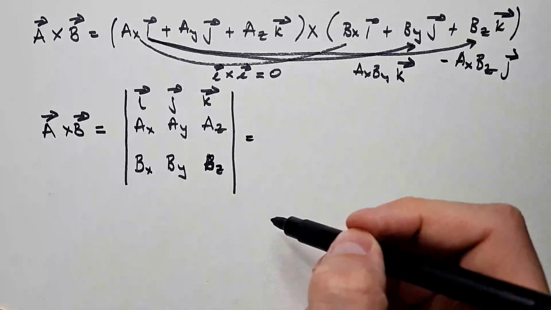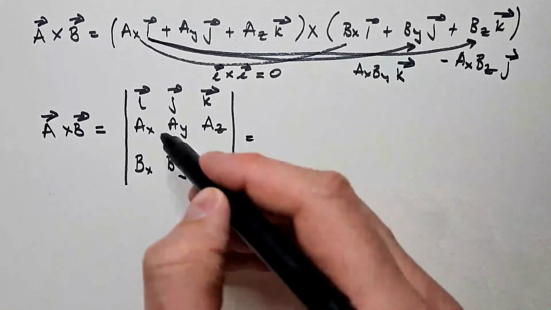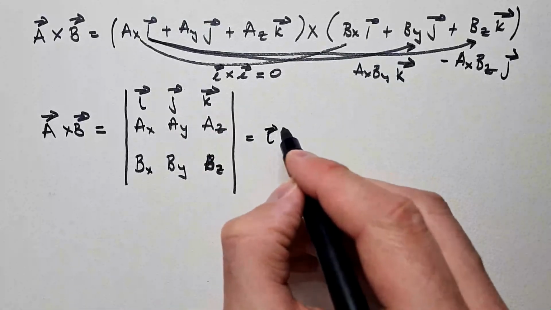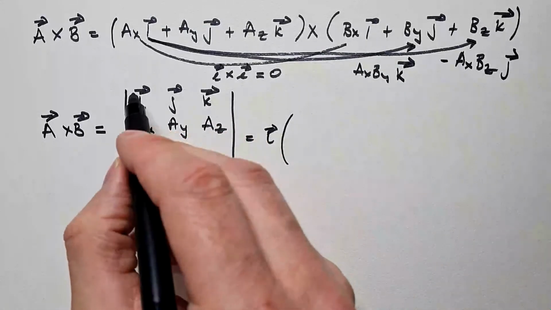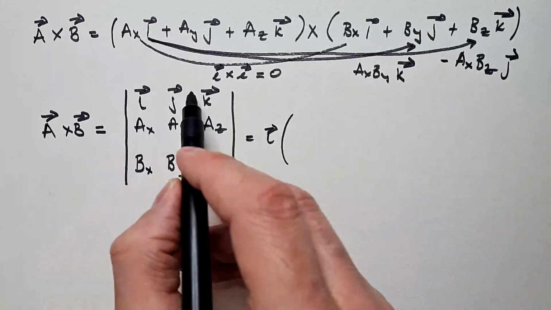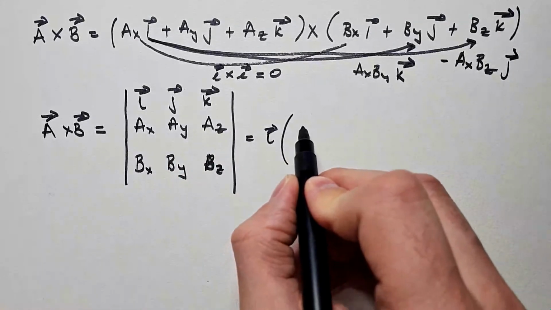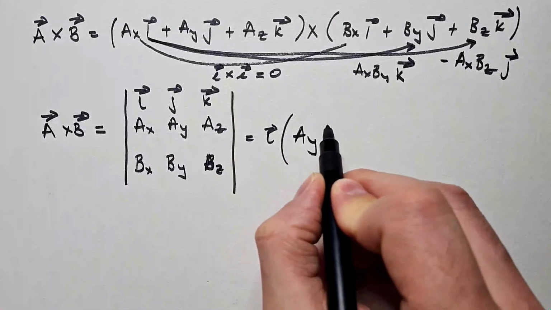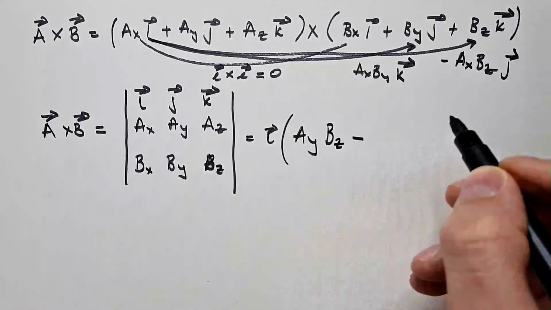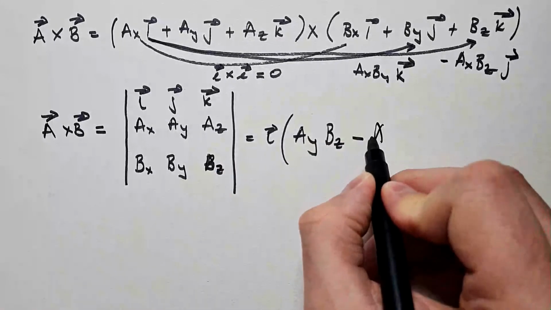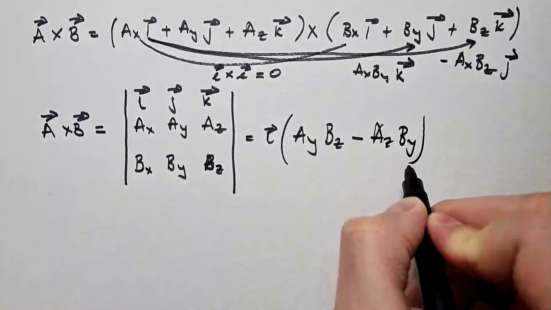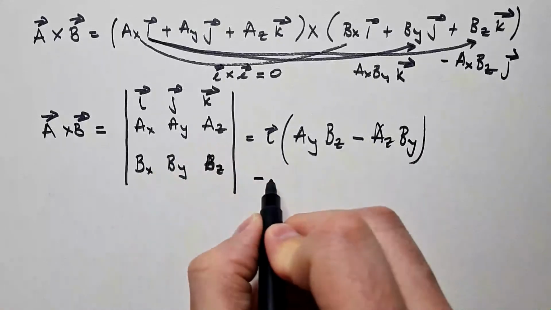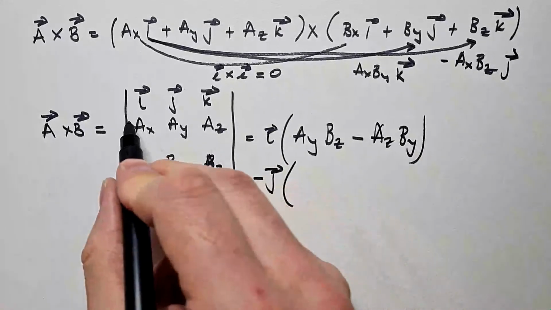And now we know how to calculate this determinant. First, along i, cross this column, this row, and I get AY BZ minus AZ BY, then minus j.